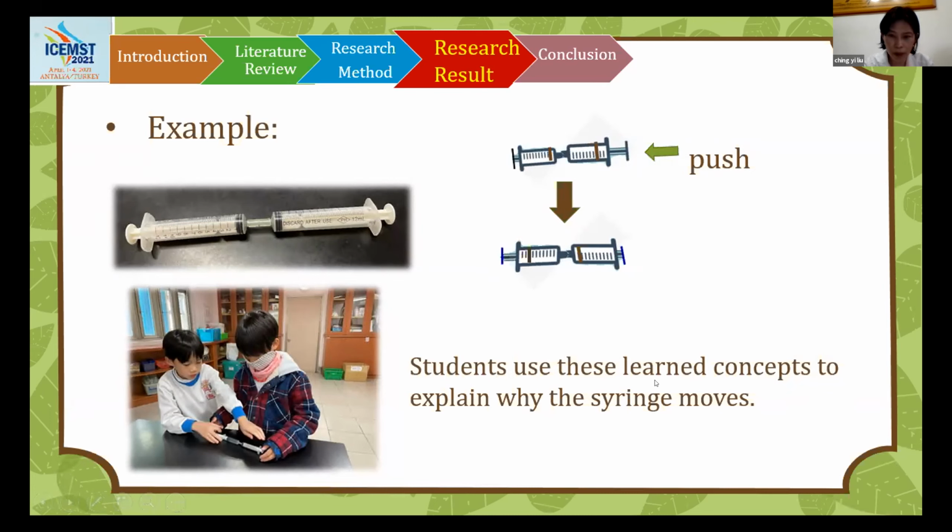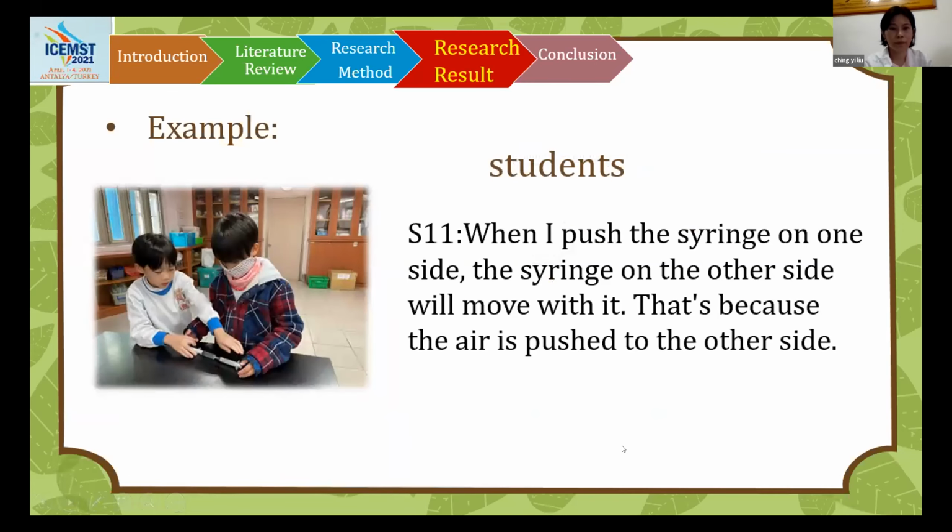Students use this learned concept to explain why the syringe moves. Student 11 says, when I push the syringe on one side, the syringe on the other side will move with it. That's because the air is pushed to the other side.